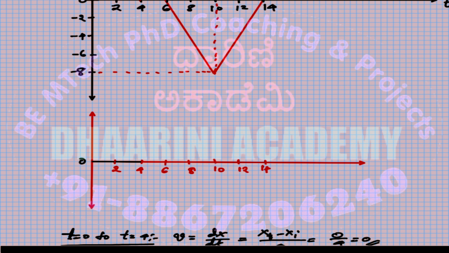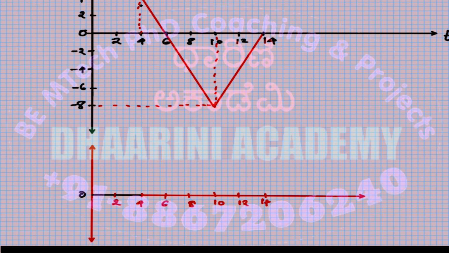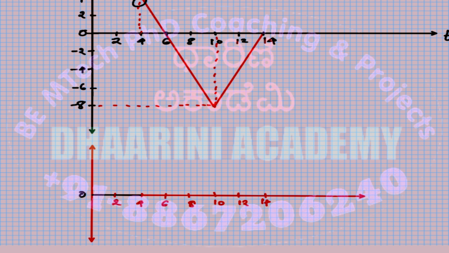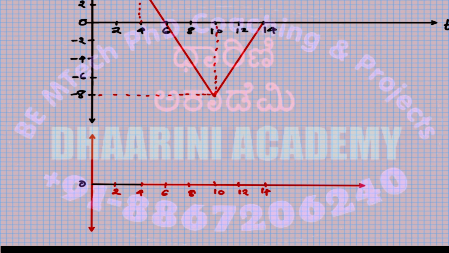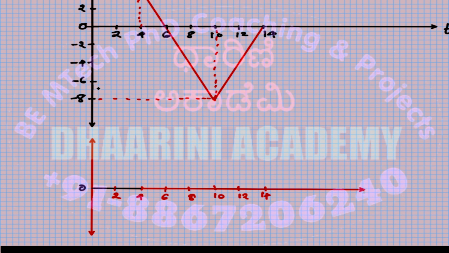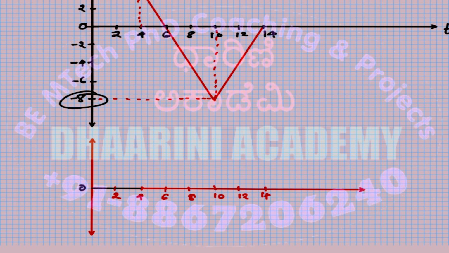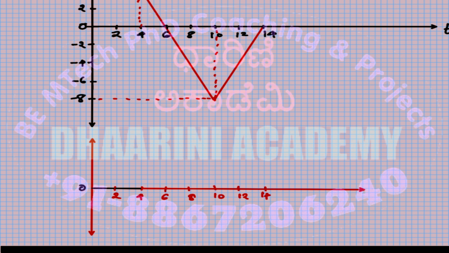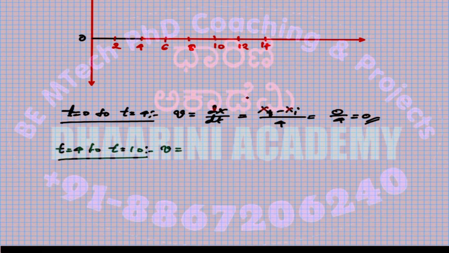Okay, all right, let's move further. The next change is at 4, there is a change, and that change continues till 10. So t is equal to 4 till t is equal to 10 is the next one. Once again, v is equal to, find the final value of x. Final value of x is minus 8, that is over here at 10. Initial value is 4. So right now it is 4, it becomes minus 8. So what is the total change?